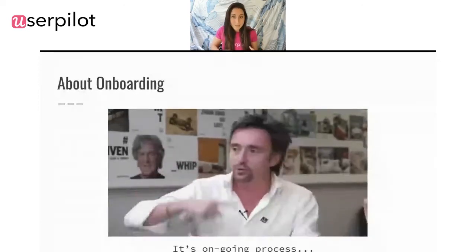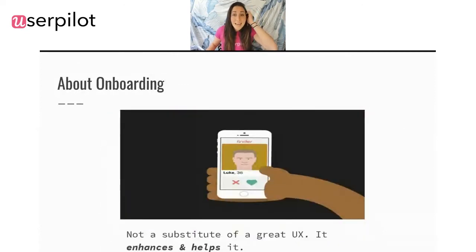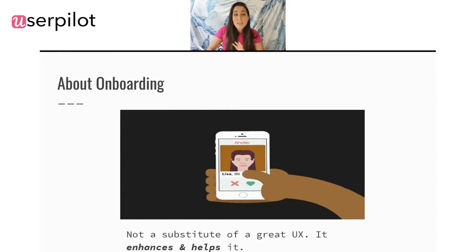Another thing to keep in mind is that your onboarding is not a replacement for good UI/UX. It's really important to have a good foundation already set up so that a product experience layer built using Userpilot can show the right action to the right user at the right stage in order to help activate them.